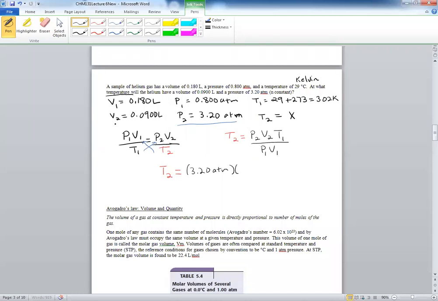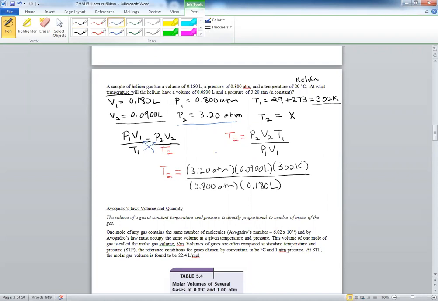V2, 0.0900 liters. T1, 302. P1, the initial pressure, is 0.8, and V1 is 0.180 liters.